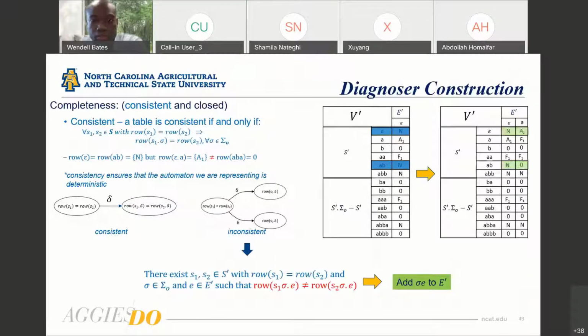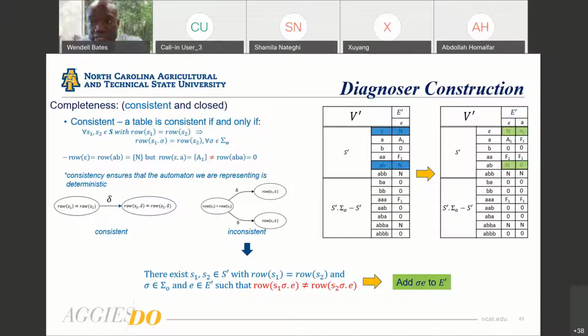And so with the observation table, 2 important characteristics I want to note are consistency and closeness. So consistency exists if there are two rows in S prime that are the same, but no concatenation of any event to the end of the string results in a new state, then the table is consistent.